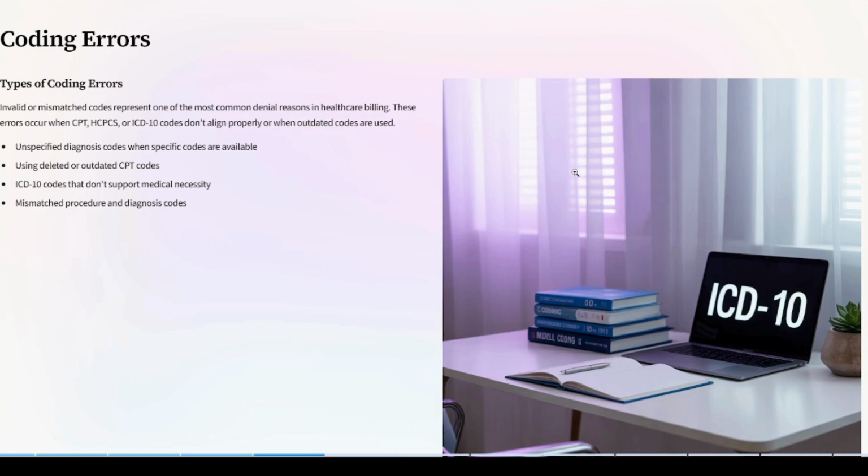You want to pinpoint it out. So just constantly using unspecified diagnosis codes is not going to get you the reimbursement that you were expecting if those codes are available. All right.